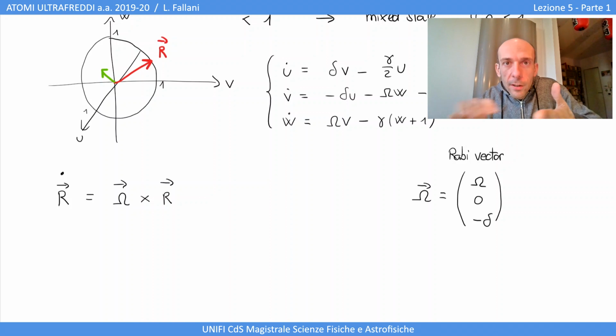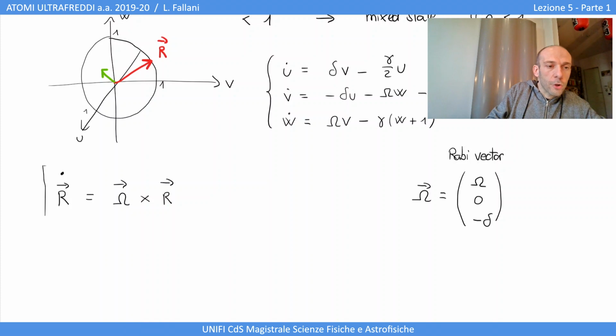So the Rabi vector contains information on the light-atom interaction. The Bloch vector contains information on the state of a two-level system. And so combining these two vectors together, you find this quite simple equation of motion for the Bloch vector.